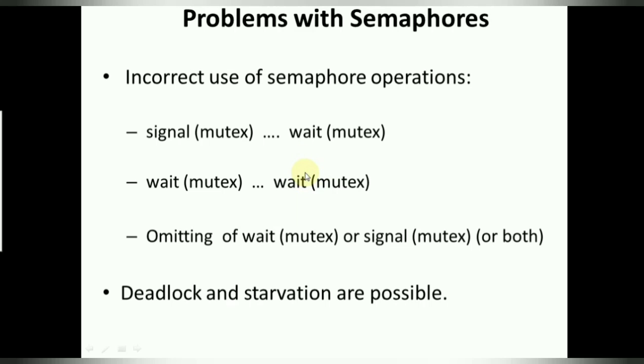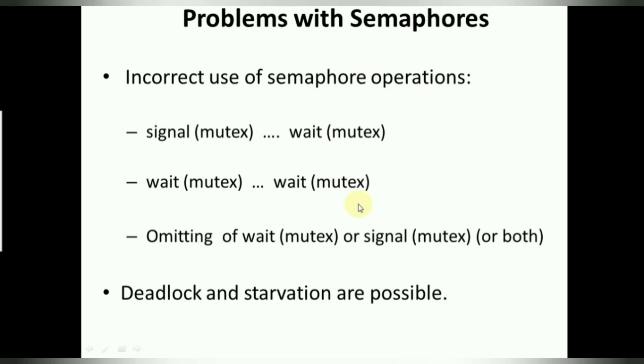It is continuously holding the critical section and there are other processes that are waiting to enter the critical section. Or the last scenario, where if wait mutex or signal mutex is omitted, even if only one of them is omitted, it may lead to deadlock issues.